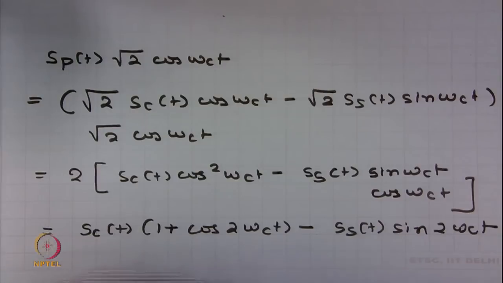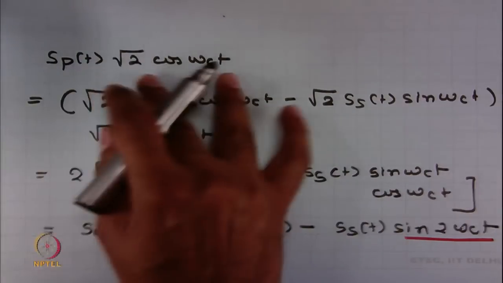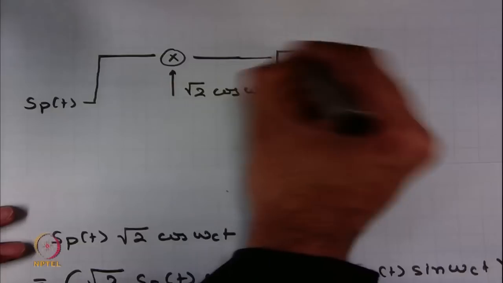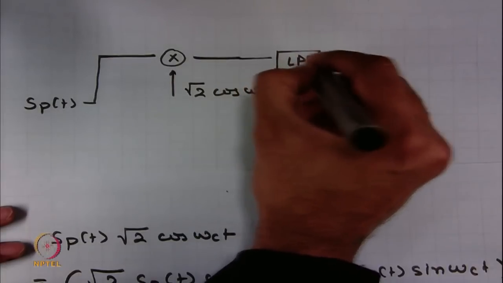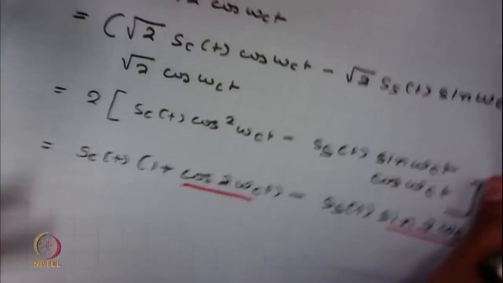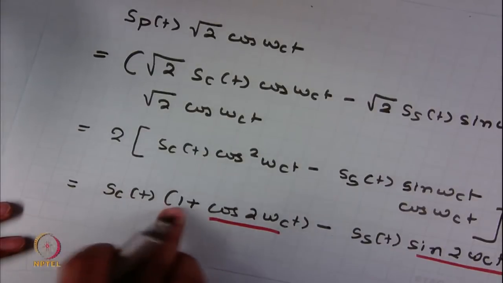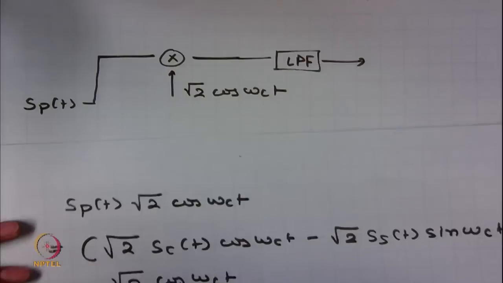Now, if you look at this very clearly, you see that these are high frequency components, and you can kill these high frequency components by passing through a low pass filter. So, if I pass this through a low pass filter, what we will get is just this part S_c(t) times 1, which is S_c(t).